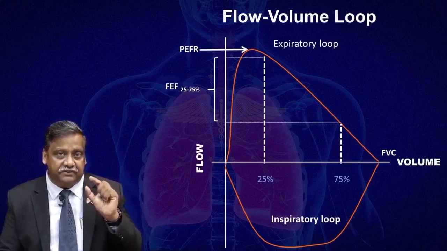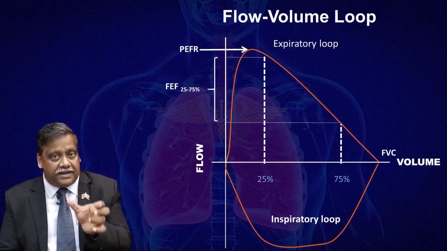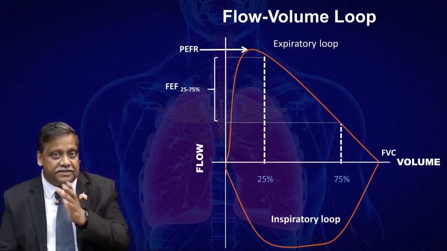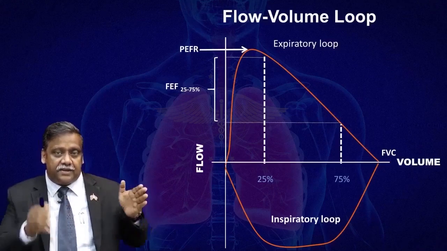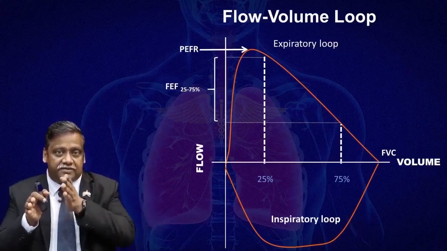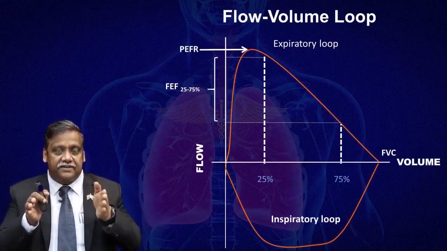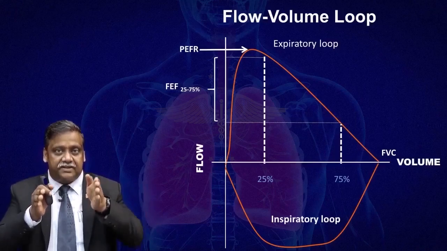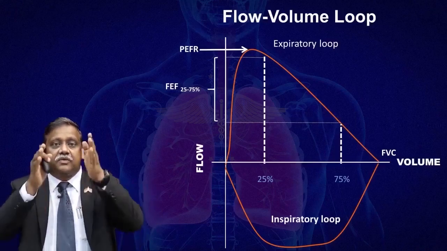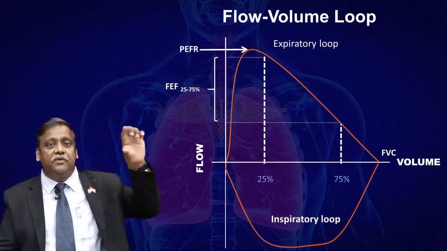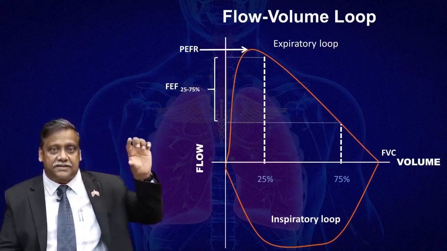What is this FEF 25 to 75? On the x-axis, you can see that the FVC is from 0 to the right. Now divide this FVC into portions, 25%, 50% and 75%. Then from 25% and 75% you draw a line upwards and connect it to the flow portion on the y-axis.